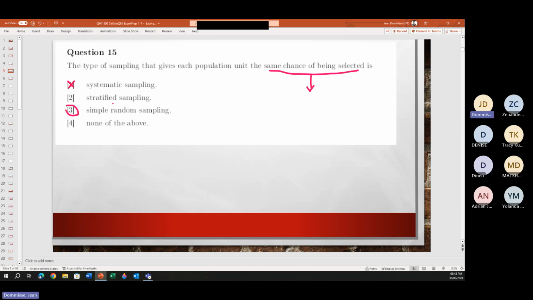Stratified: I'm not going to first divide it into two groups, people that have joined previously and people that have joined via WhatsApp. I'm not going to split it up or stratify it into different samples. I'm simply going to do a random sample, and anybody has a chance if we do a simple random sample. So simple random sample is when everybody has the same chance.